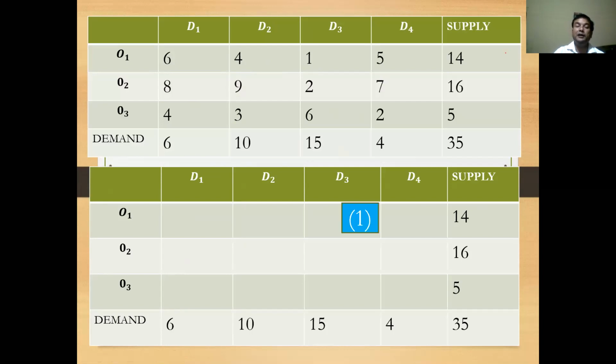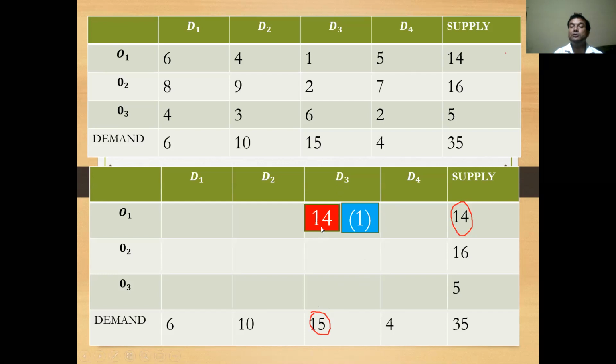After putting 1, now let us see. This is the supply, means the available items: 14 is the available items in origin 1, and destination 3 has a requirement of 15. The requirement is 15 and the available item is 14, so the maximum possible items that can be given is 14.